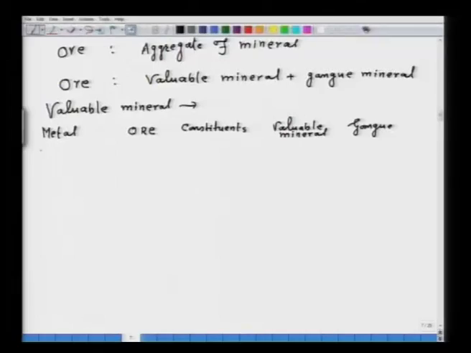So, for example, I take metal as iron. The name of the ore is hematite.